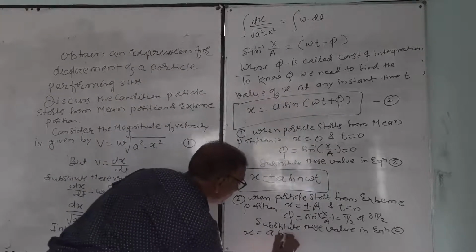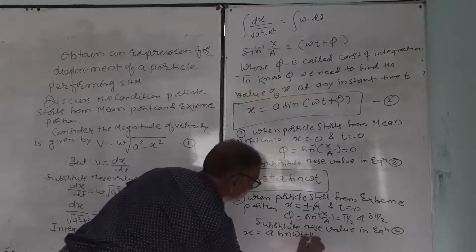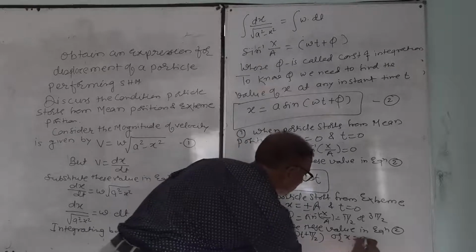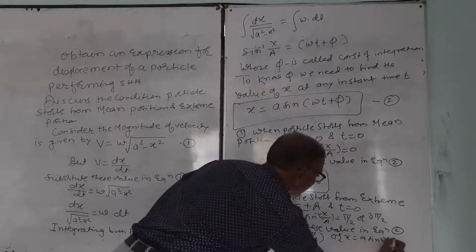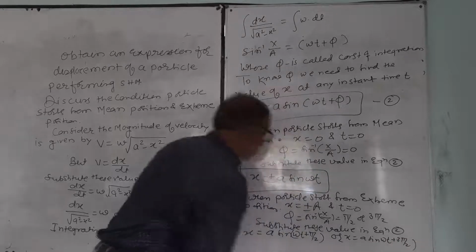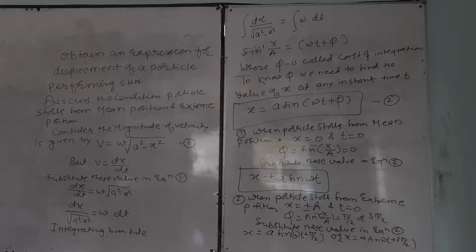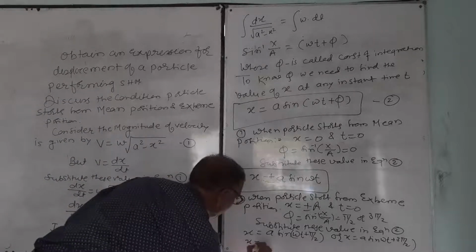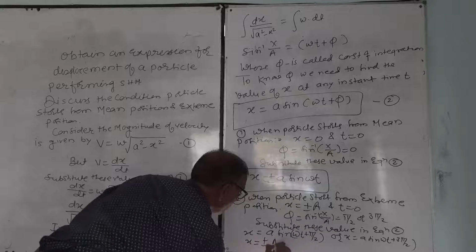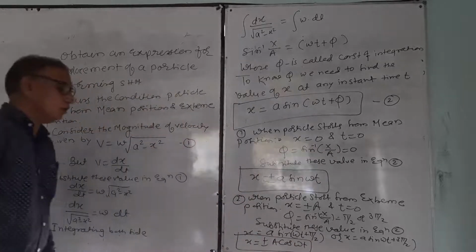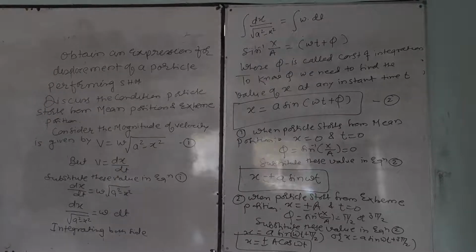Solving this, x is equal to plus or minus a cos of omega t.